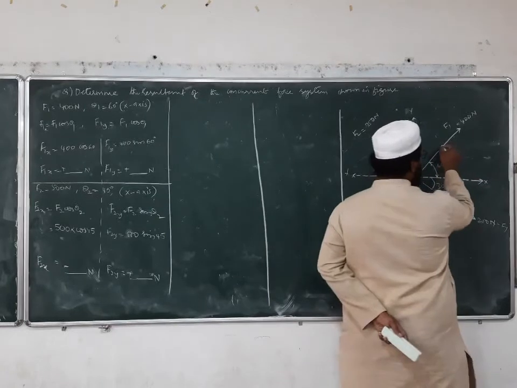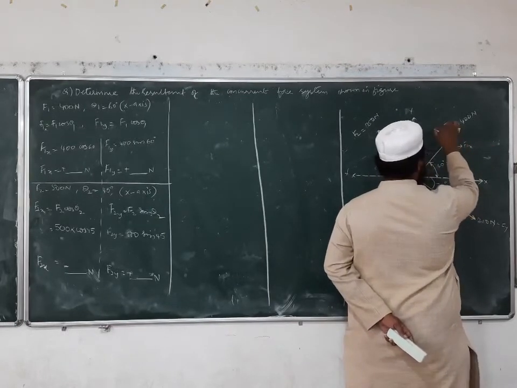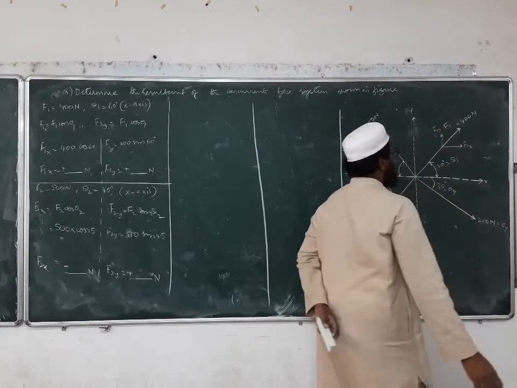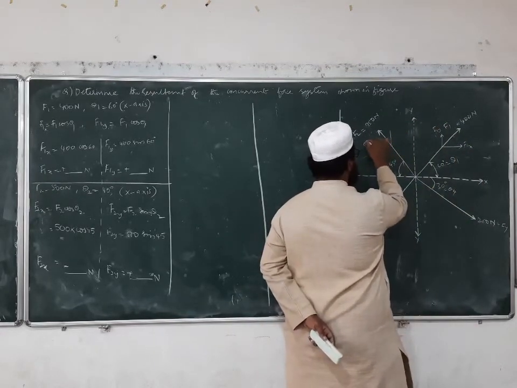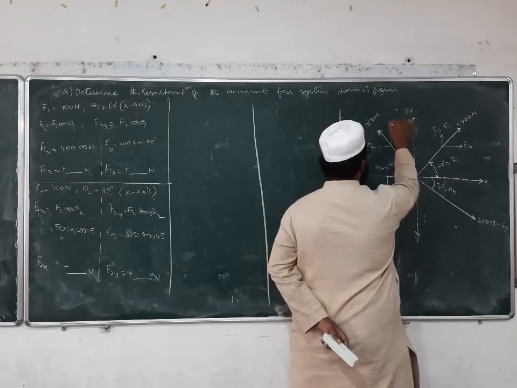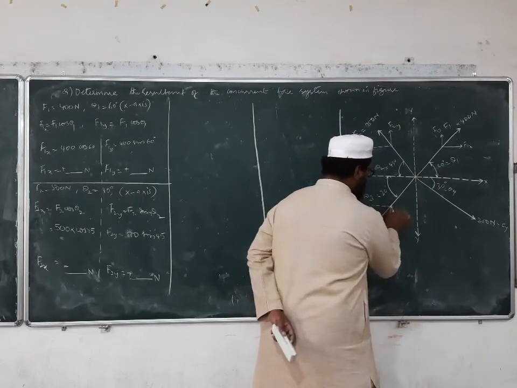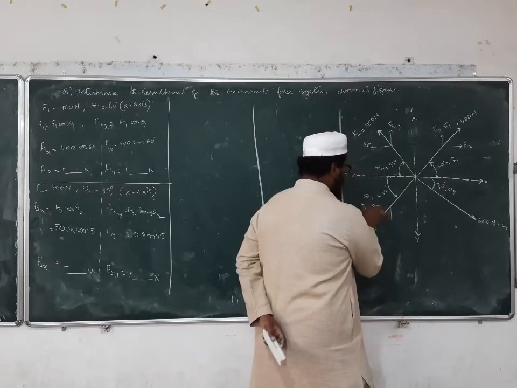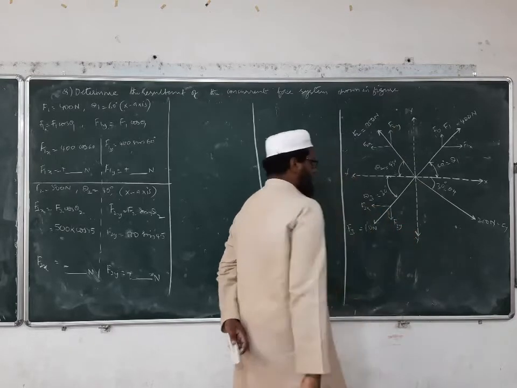Components are nothing but, this is F1x, this is F1y. Similarly, this is F2x and this one is F2y. Similarly, we have this component, that is F3x and F3y.